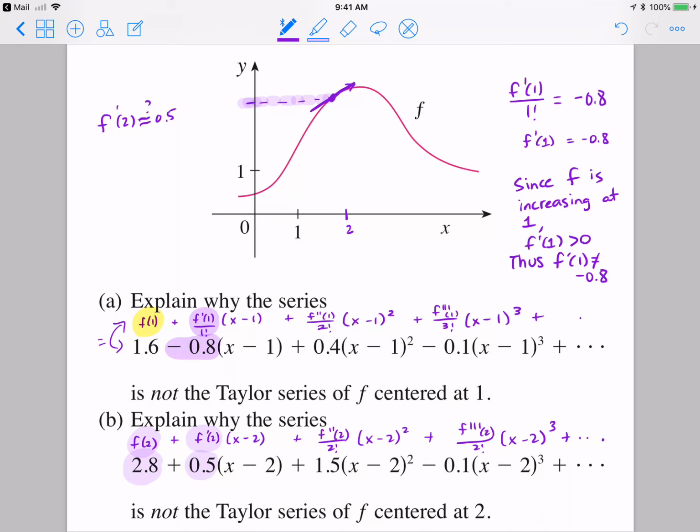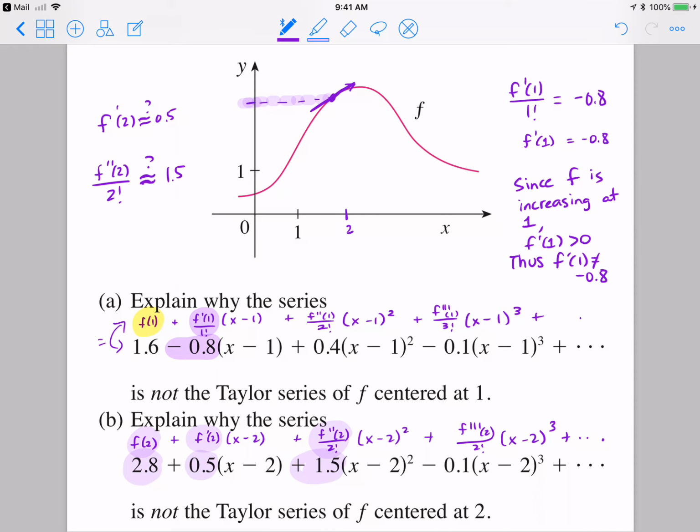So I could believe that 0.5 is the slope of the tangent line. What about this? F double prime of 2 over 2 factorial is equal to 1.5. So could f double prime of 2 over 2 factorial be about 1.5?